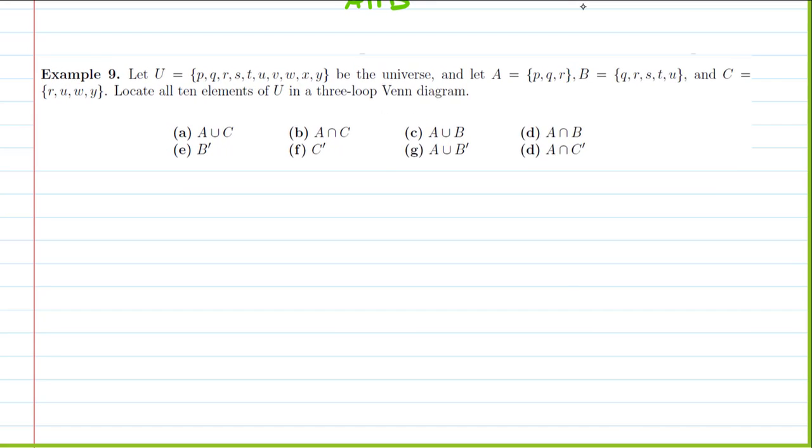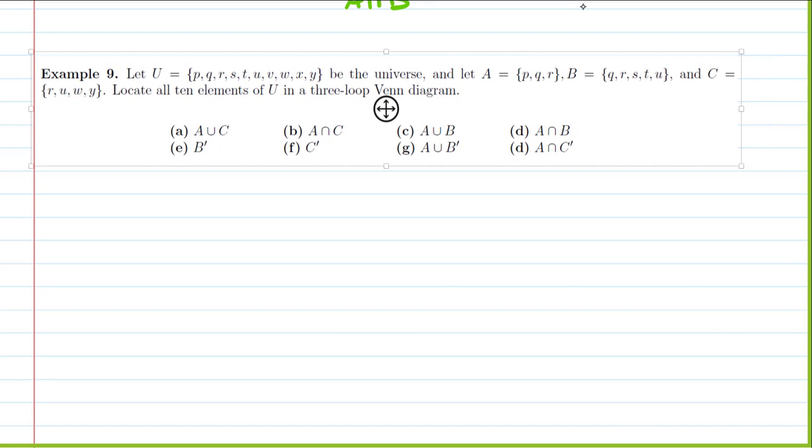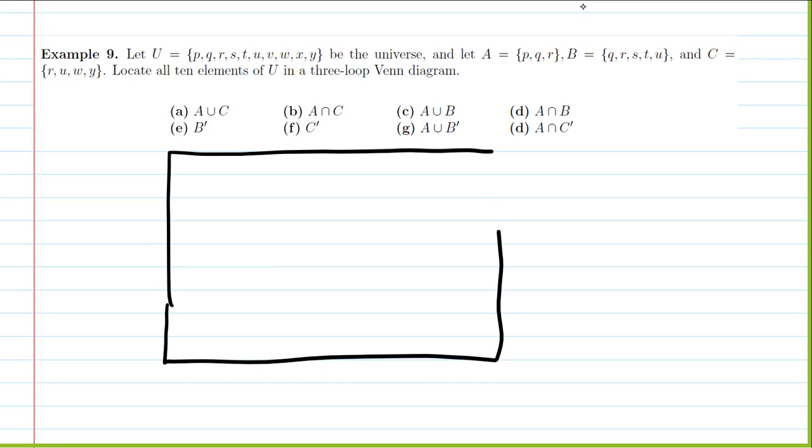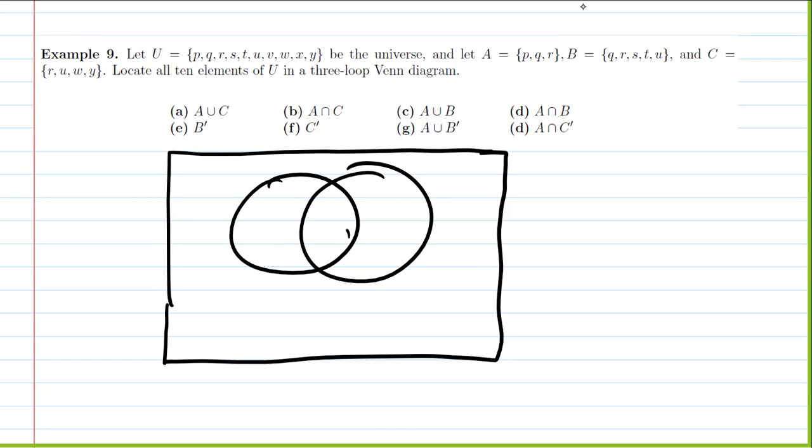So same set U for our universe, same sets A, B, and C. And we want to locate all of the elements in a 3-loop Venn diagram. So let's draw our universe. That's a lot of letters.